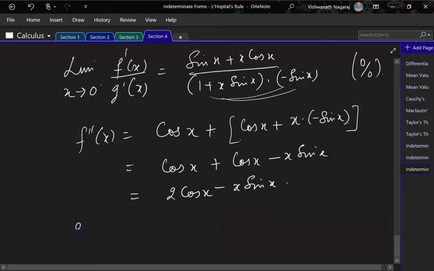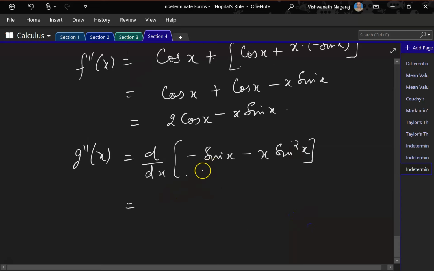Okay, now let's take g double prime of x. So here let's first simplify this. Differentiate with respect to x of minus sin x minus x sin square x.